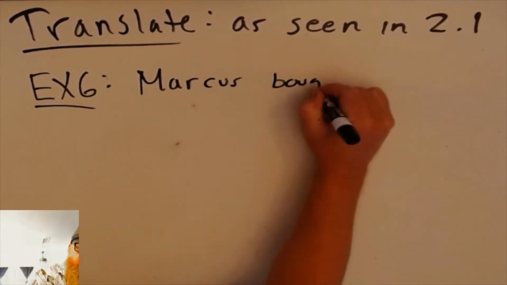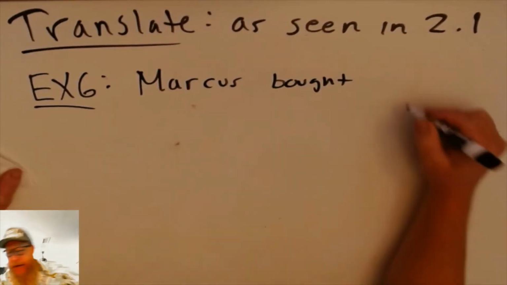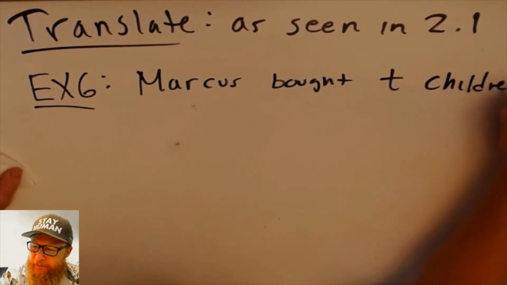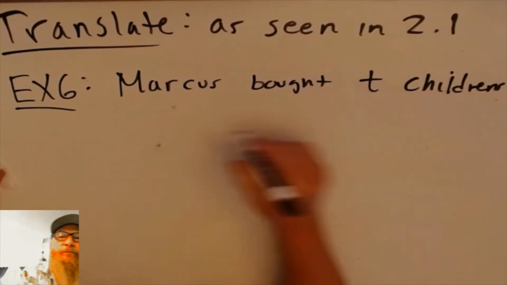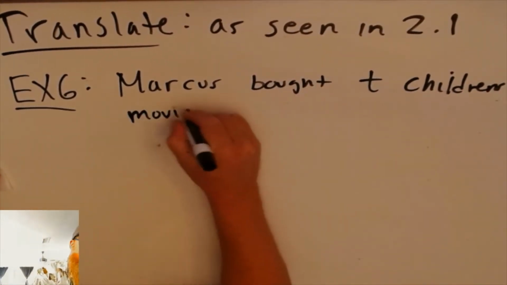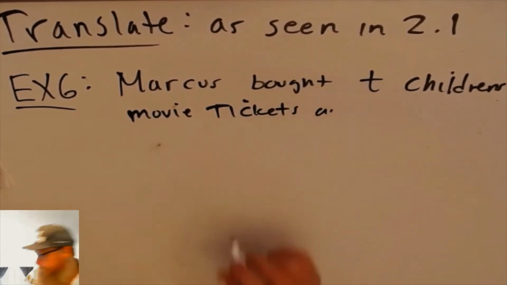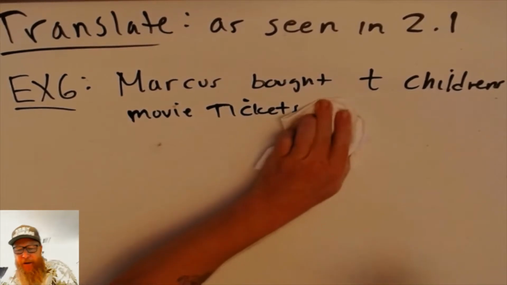So Marcus bought T children's movie tickets. The movies were even open yet. $5 each.